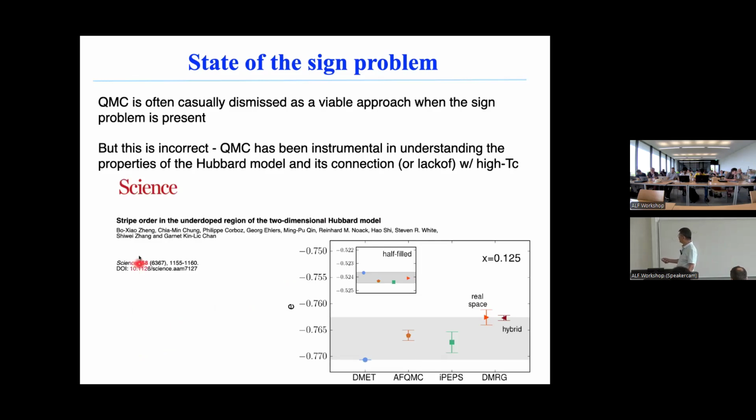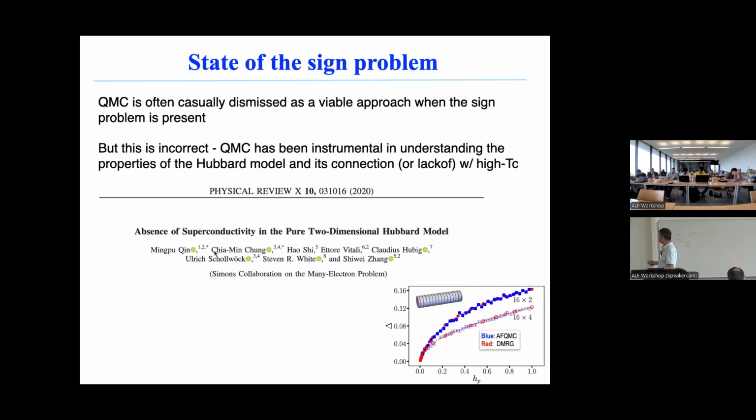And because of that, for example, a follow-up paper using 4 different methods, where AFQMC played a key role, again established stripes in the doped Hubbard model ground state. And then this paper, 2 methods, DMRG and AFQMC, showed that in the so-called pure Hubbard model, there's no superconductivity in the ground state.